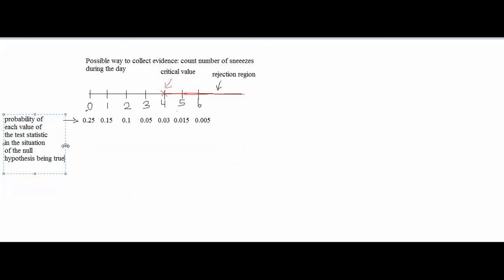In this case, I'm recording the number of sneezes, so that's my test statistic. The number of times that I sneeze during the day is the amount of evidence that I have against the null hypothesis.